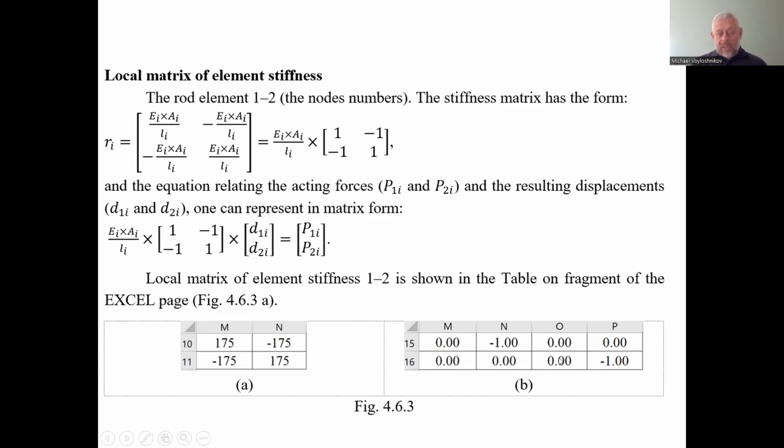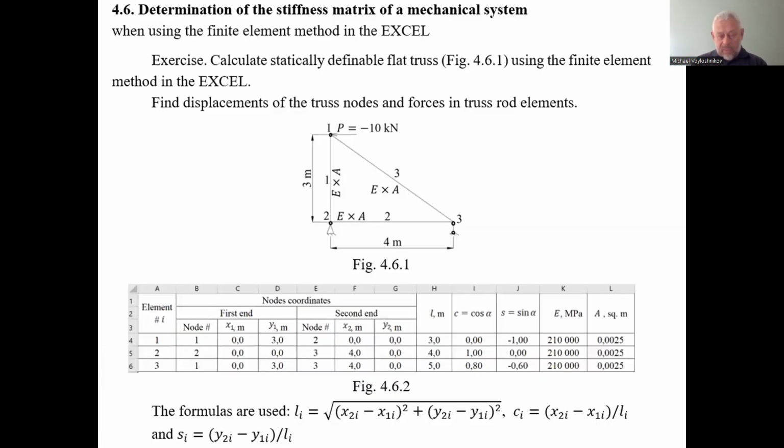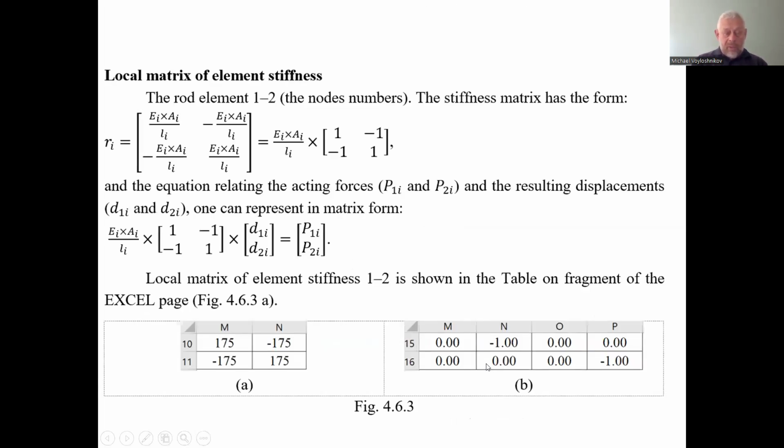These two magnitudes of the cosine of the angle of inclination for each finite element we take from the first table, the geometry description of the finite element, for the first and second rod consequently. So now we have the cosine matrix.